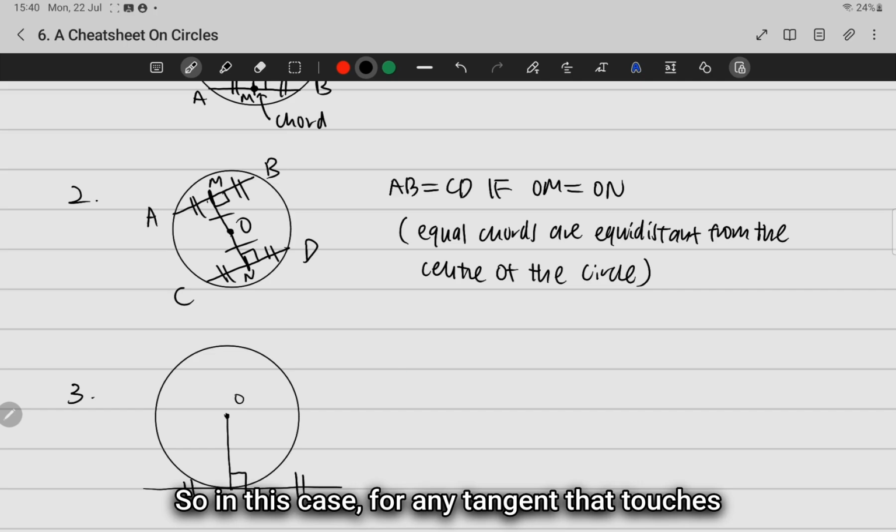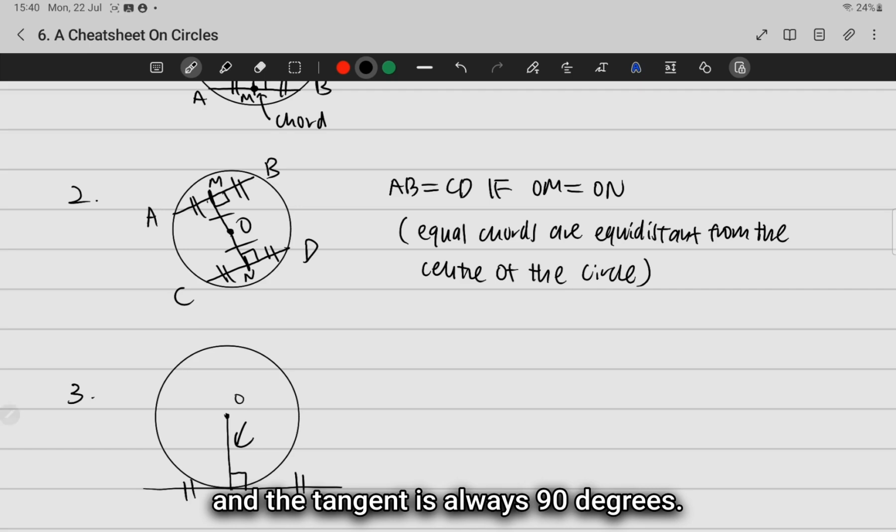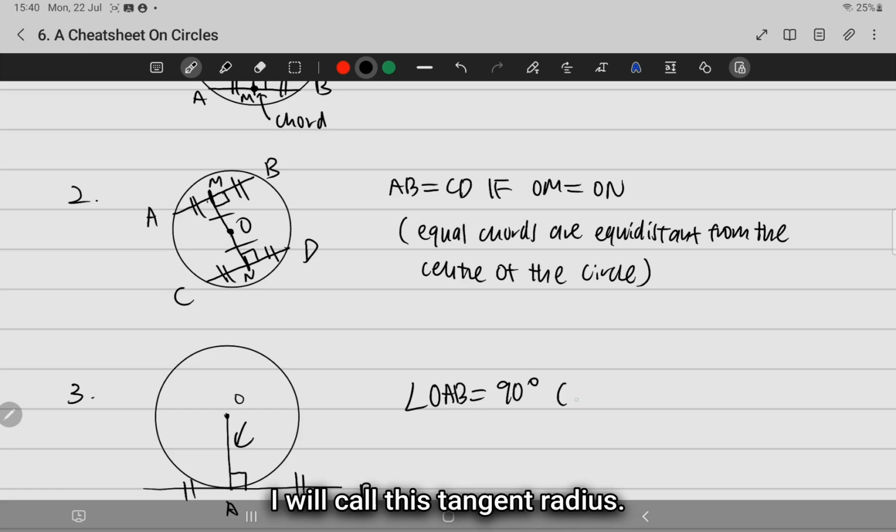So for any tangent that touches the circle, the normal of the tangent, which cuts through the center of the circle, the angle between the normal and the tangent is always 90 degrees. So let's label this A and B. So angle OAB is 90 degrees, and we'll call this tangent radius.